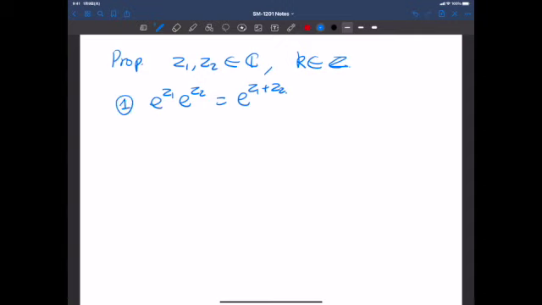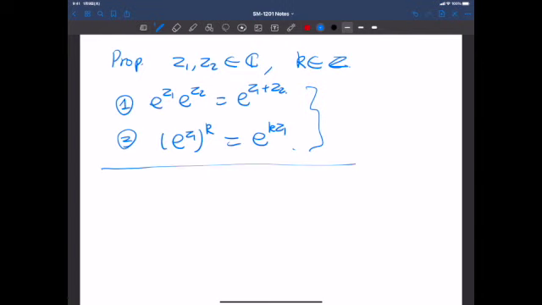So that's one. And second, e to the power of z1, to the power of k, is equal to e to the power of k z1. So these properties are exactly the same properties as we had for the exponential functions in the real domain. Okay, and proving this is not so difficult. We just go back to the definitions.